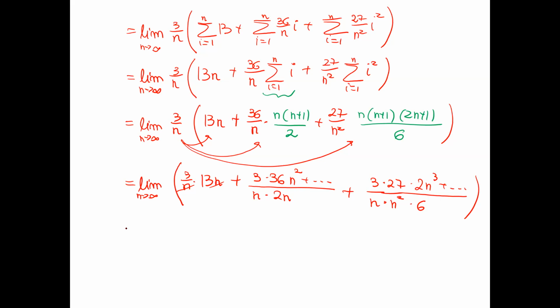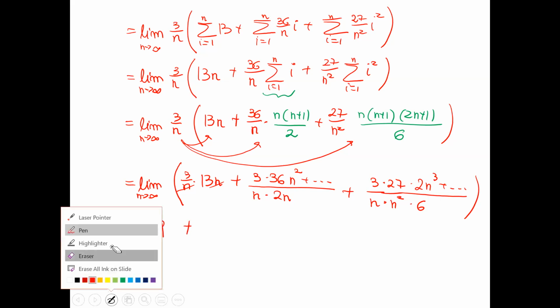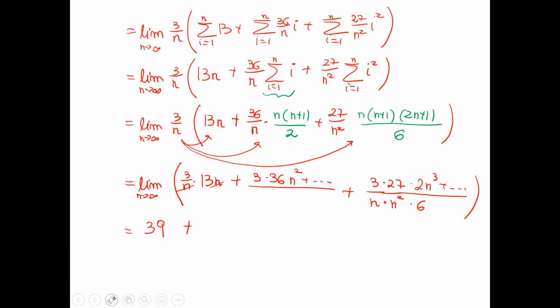Okay, let's evaluate the limit. Limit of 13 times 3 is 39, constant. This one we will have n times n is n squared over 2n squared, the same degree, just the leading coefficient. 3 times 36 over 2.